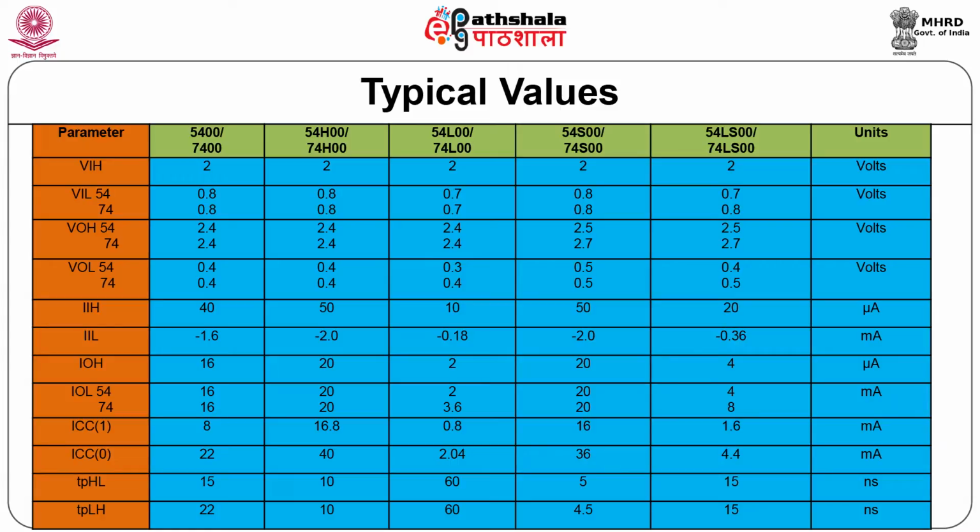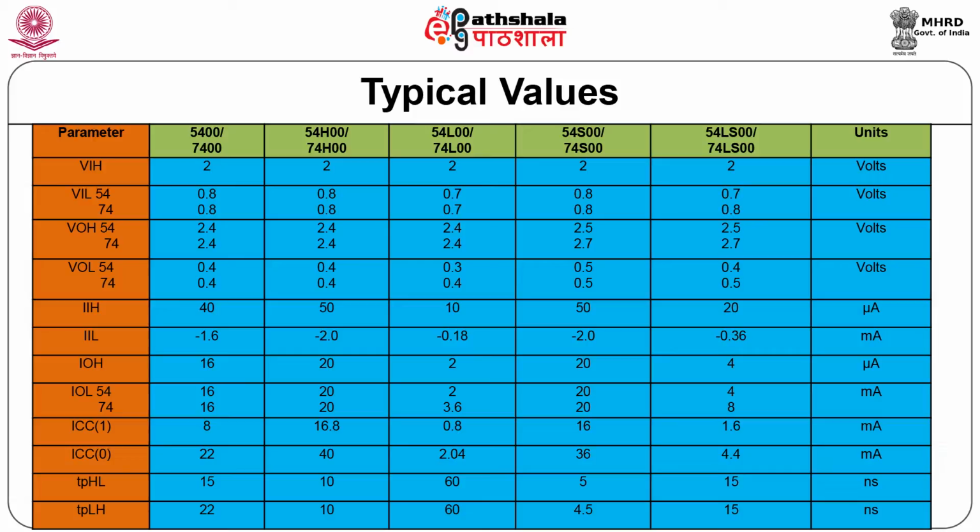Logic families such as standard TTL, high power TTL, high speed TTL, low power TTL, Schottky TTL, low power Schottky TTL, etc. are given in the column. The last column shows the units in which these parameters are expressed: voltages in volts, currents in microamperes and milliamperes, and the propagation delay in nanoseconds.